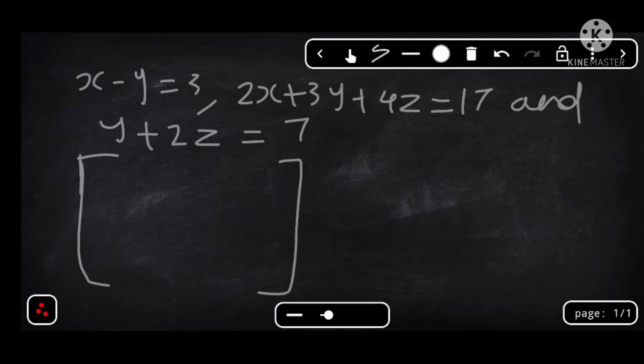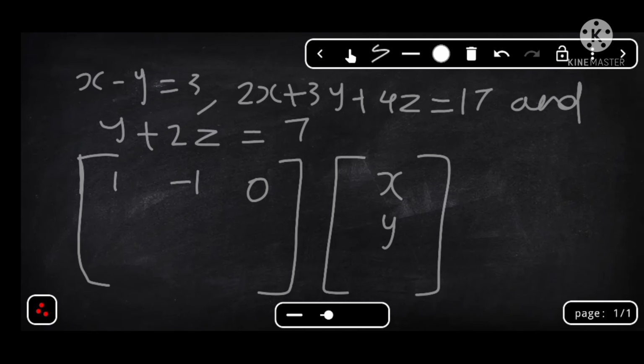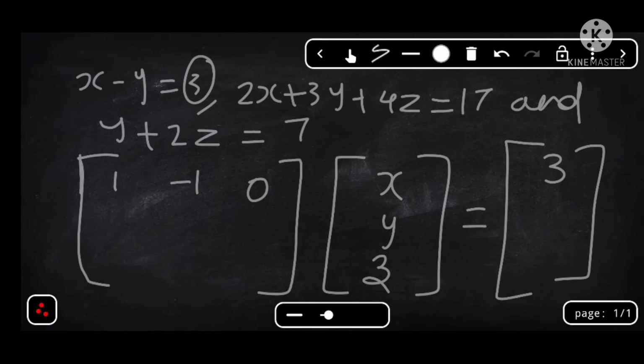For x minus y equal to 3, x is 1, y is minus 1, z is 0. The x, y, z will be written as one matrix, and the values as another matrix. Then from the next, x is 2, y is 3, z is 4, and the value is 17. Then we have x 0, y 1, z 2, and the value is 7.